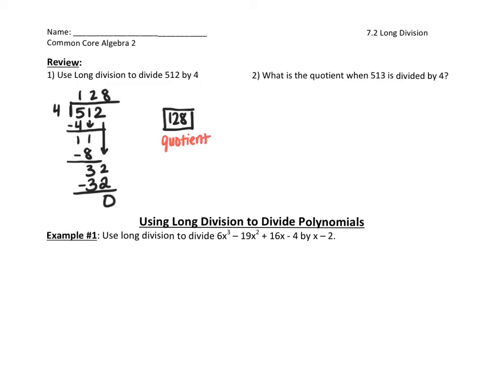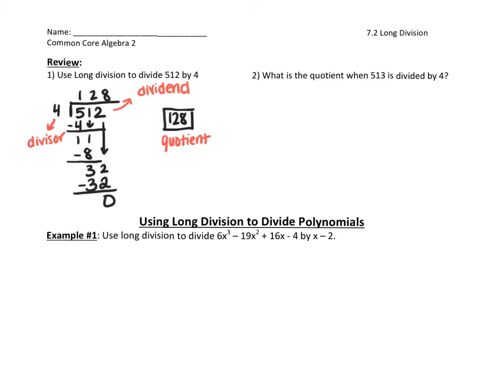The 4 is called the divisor, the thing you're dividing by, and this 512 is called the dividend. Okay, so it's important to understand the words because we're going to use those a little bit later. So this was, like I said, an example that worked evenly.